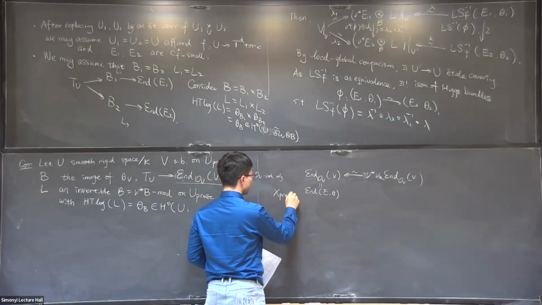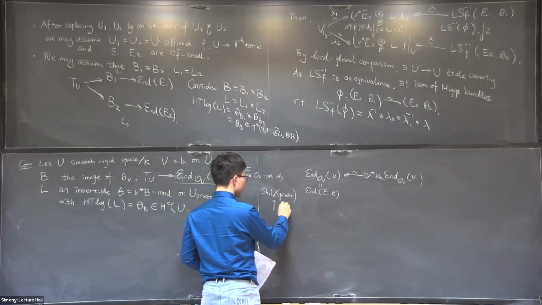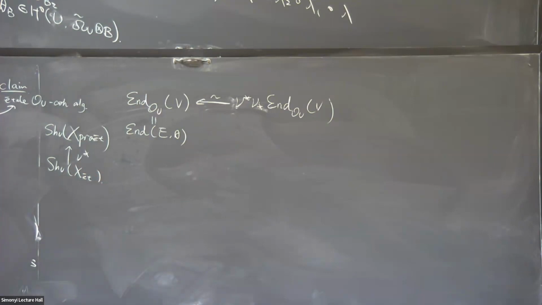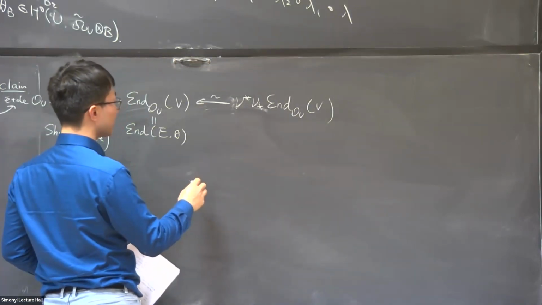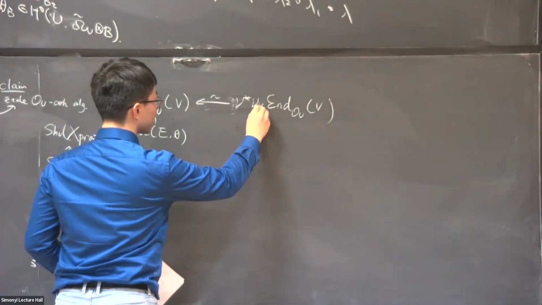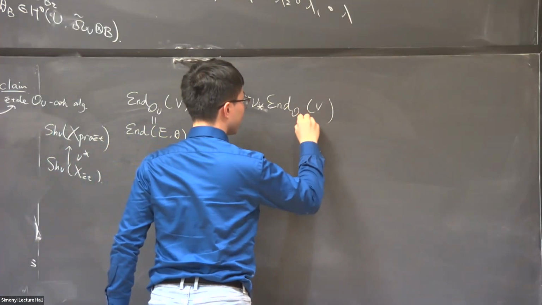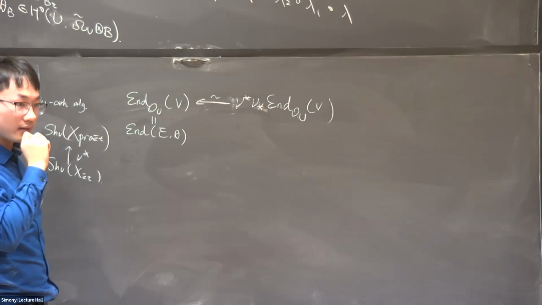isn't it very, so this map should be fully faithful, right? Wait, End OU of V, sorry, I mean, if that's nu upper star of something, doesn't that mean it's like a pullback? And End OU of V is V tensor V dual?